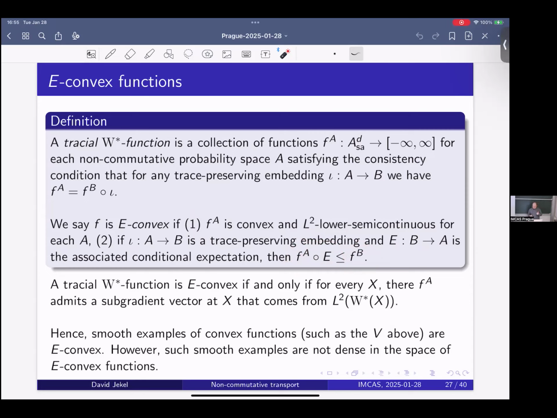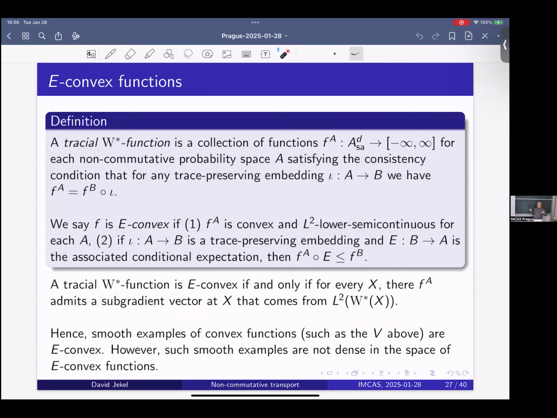But even if this definition with conditional expectation seems kind of weird or artificial, another way to think of it is that E-convexity means that not only does the function have a subgradient vector or a supporting hyperplane at each point, but the gradient vector used for this can be chosen from the von Neumann algebra generated by the point x where you're evaluating the function.